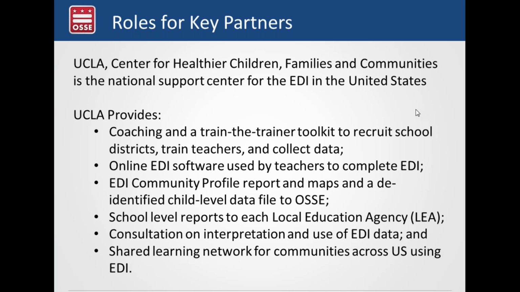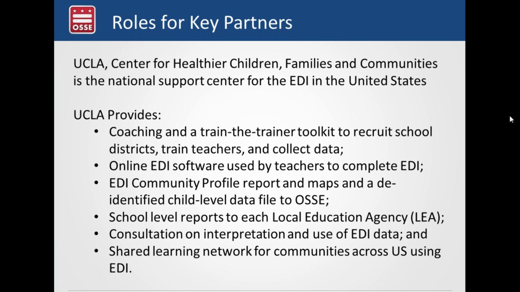So let's see, roles for key partners. The first one's UCLA, and as I mentioned, because we're serving as a national support center, we mostly are providing train-the-trainer tools, technology, and coaching to the local lead, which in this case is OSSE. And then OSSE is committing significant staff resources and expertise to support the individual LEAs and teachers.